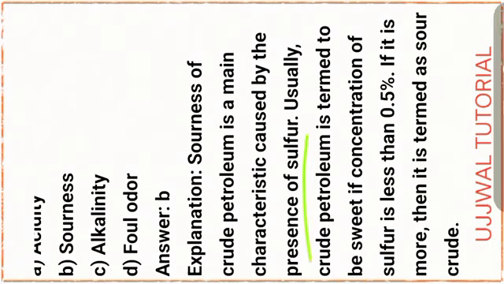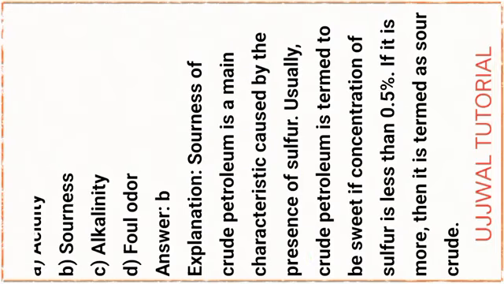Usually, petroleum is termed sweet if the concentration of sulfur is less than 0.5. If it is more, then it is termed as sour crude.